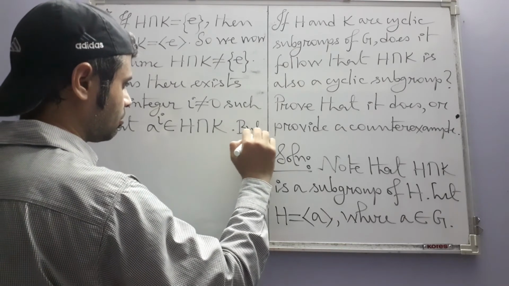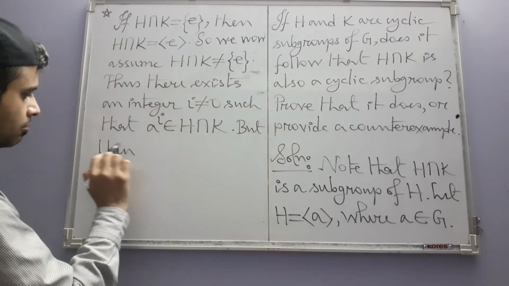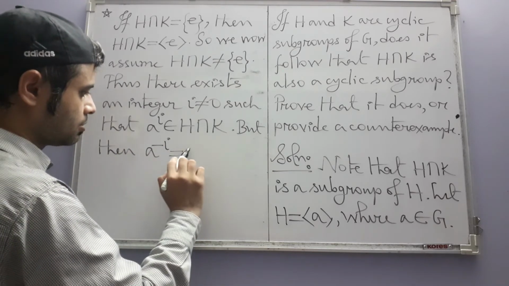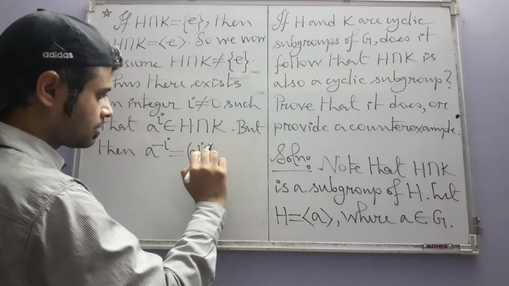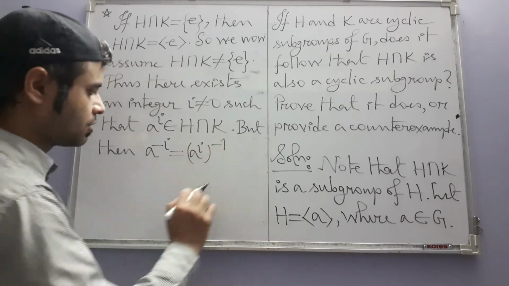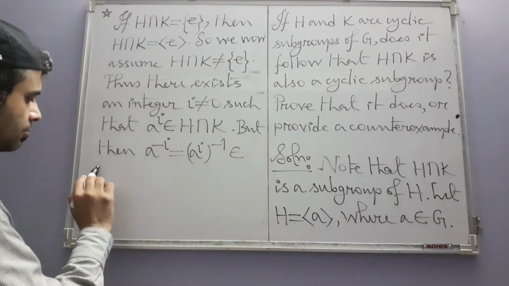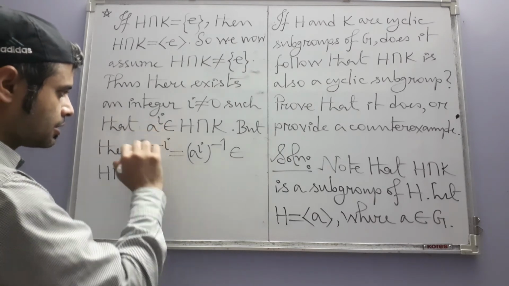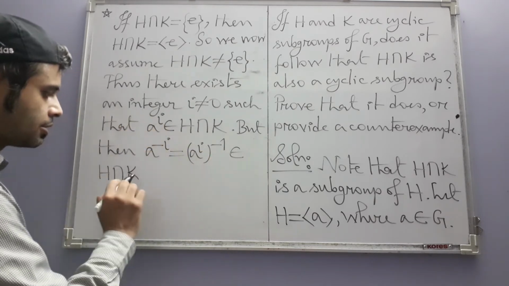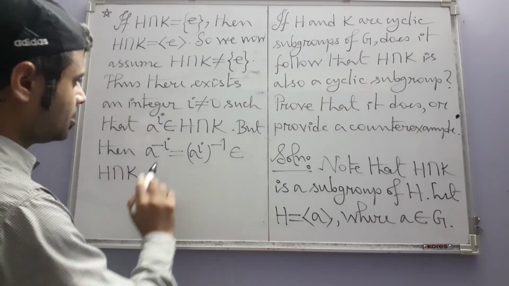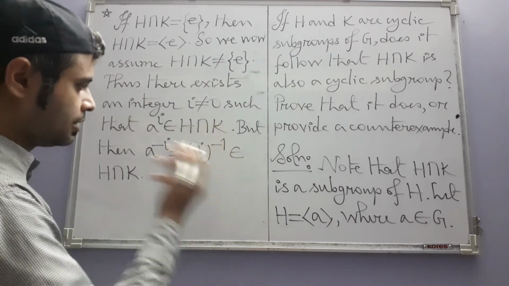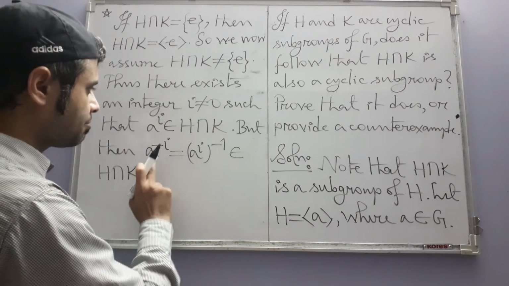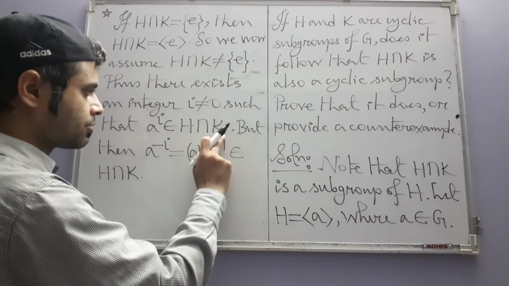But then a to the power minus i, which is the inverse of a to the power i by the rules of exponents, also belongs to H intersection K, because it's a subgroup. So this is an element, its inverse will also belong to the subgroup. You see that i being non-zero is either a positive integer or a negative integer. If i is positive, then a to the power i belongs to this.